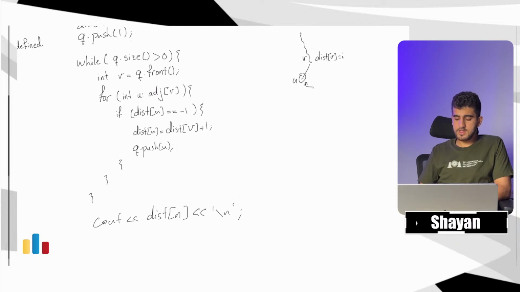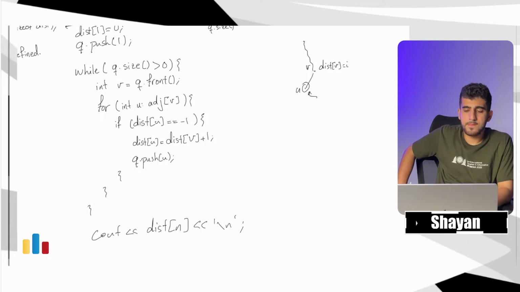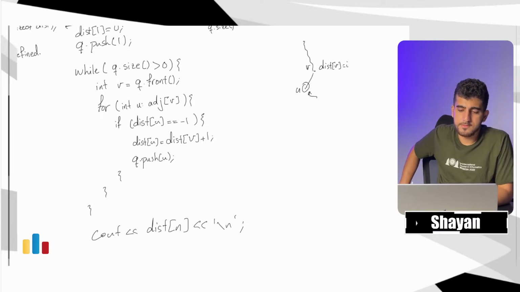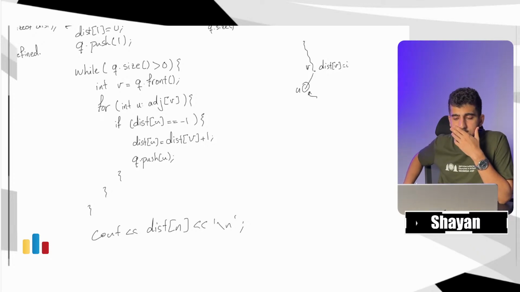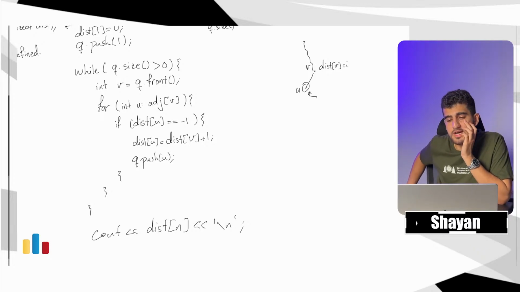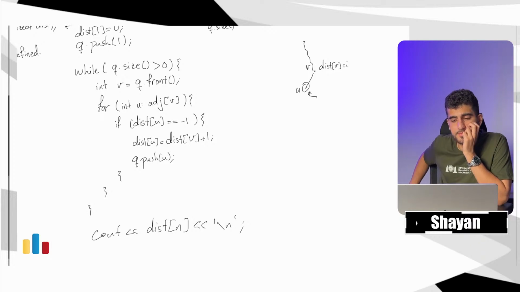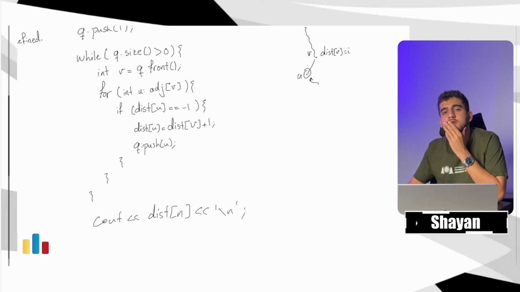And this is how we can calculate the distances to vertex n. It is possible to use fill or memset when you're working with arrays. So this way you can find the shortest path from vertex 1 to vertex n.